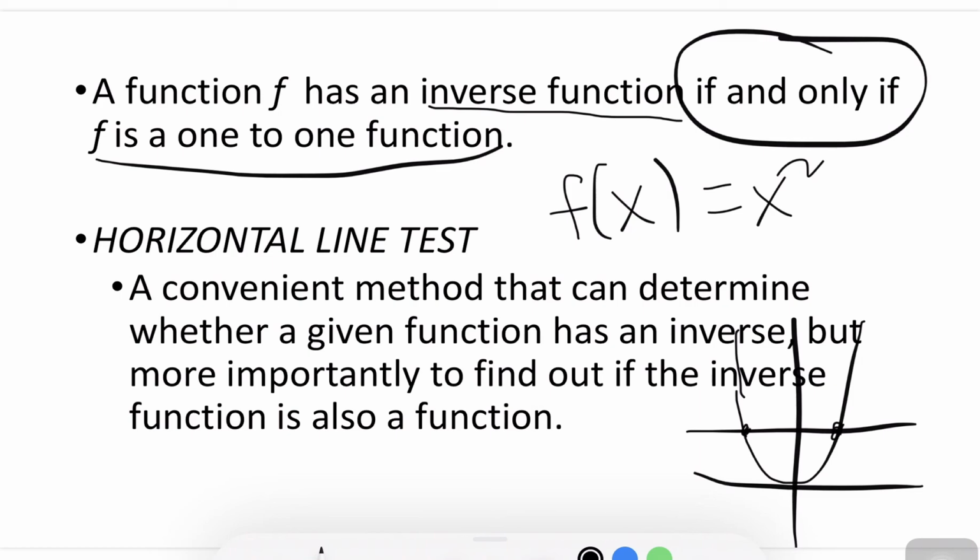So therefore, this is not a one-to-one function. So using this result alone, we can conclude that the f inverse of this function is not a function. If f is a function, it is not necessary that your f inverse is also a function.